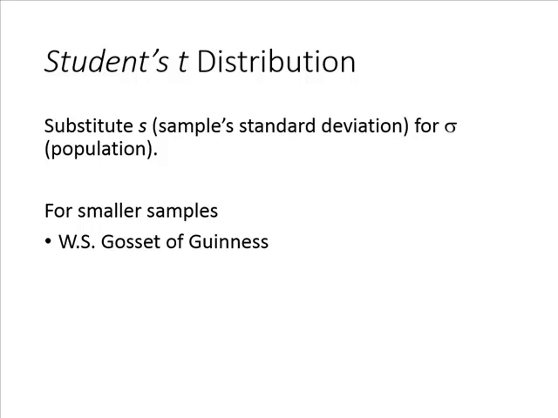First of all, we're dealing with a sample, right? This is a small sample. So we're going to use s instead of sigma, because we no longer have the population variance. We no longer have that population spread. What we have now is the spread of our sample. So we're going to use a small s.